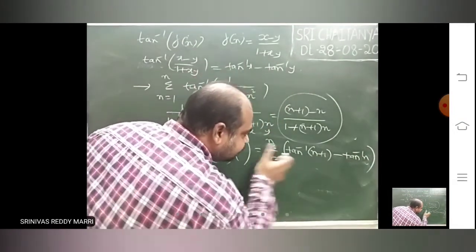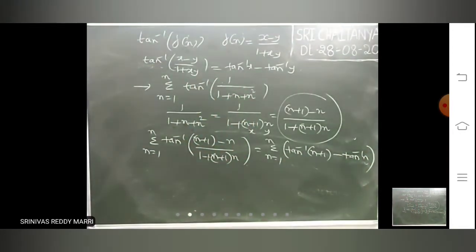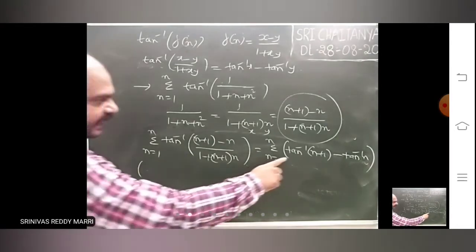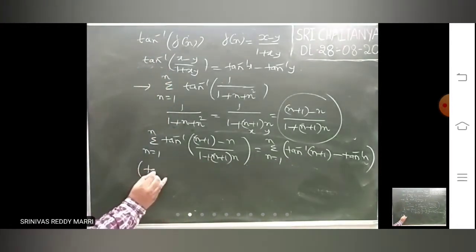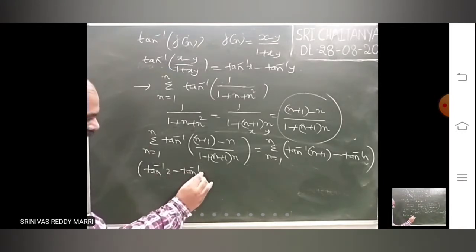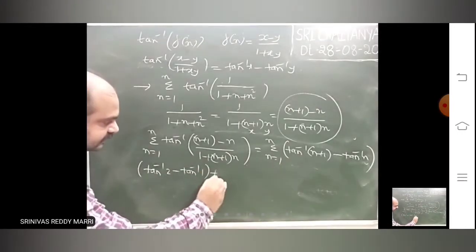Now after getting this, expand sigma by substituting n equal to 1, 2, 3 and so on, finally n. N equal to 1 means tan inverse 2 minus tan inverse 1, the first term.